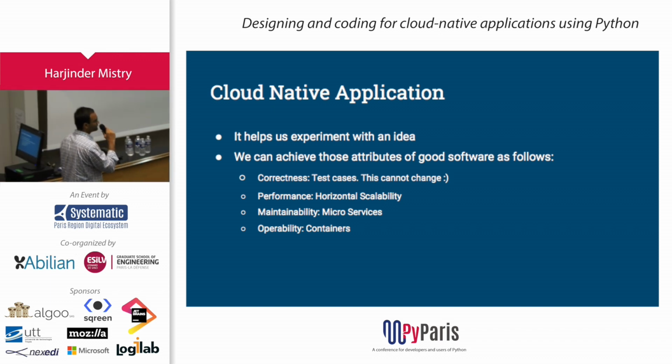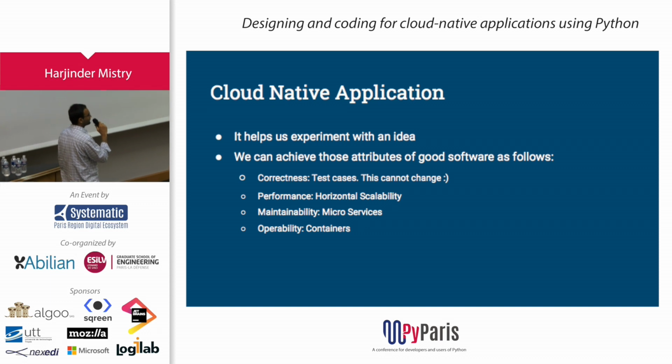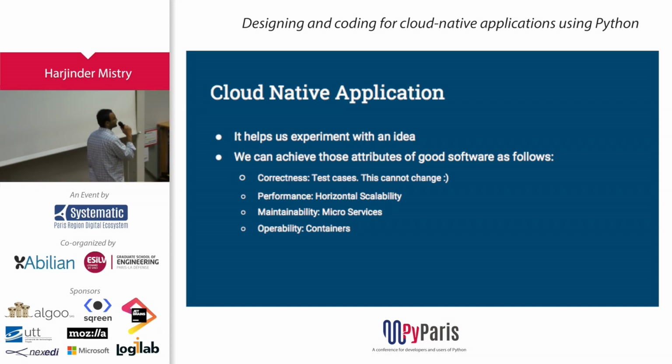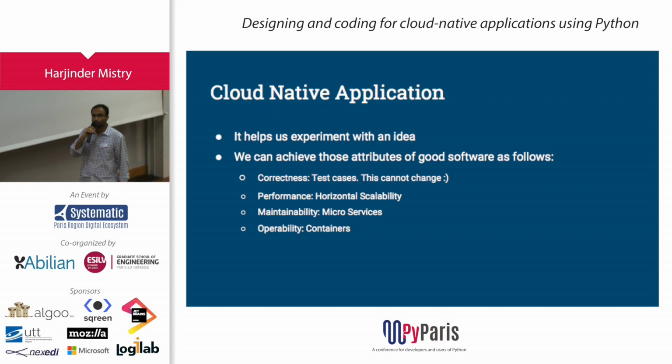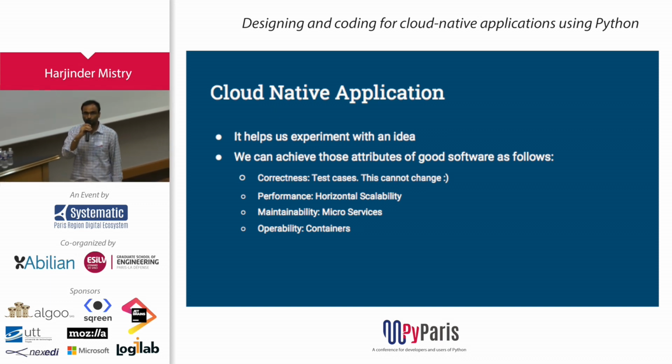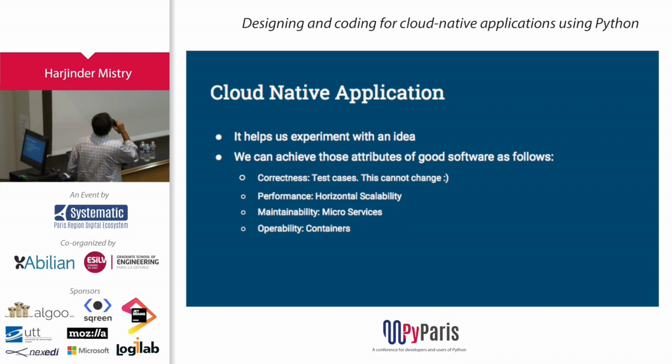So how do we achieve those goals? Correctness. Definitely test cases. There is no other way. But the key question is, if I'm running my application in the cloud, then how do I test in the cloud? It's better to test locally, be confident about it, and then deploy. So how do we do it? We'll see that in a demo.